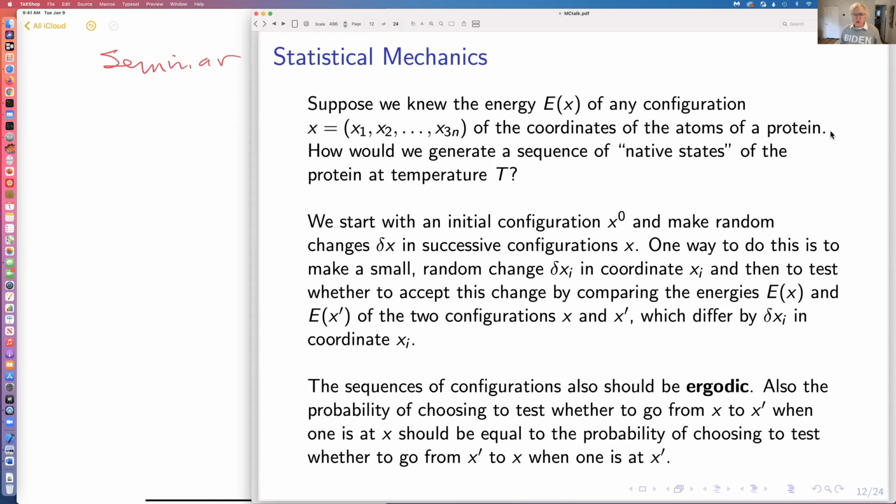So the question is, how would one generate a sequence of native states of the protein at a given temperature, T? And of course, the most interesting case for us is a temperature of 37 degrees Celsius. And we'd be interested in proteins that occur or might occur in the human body.